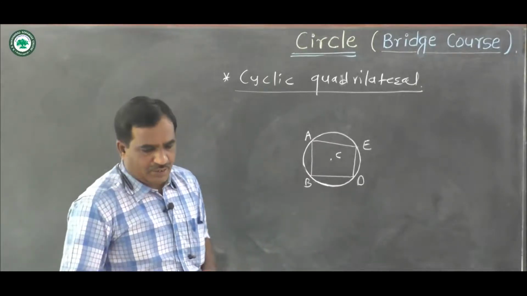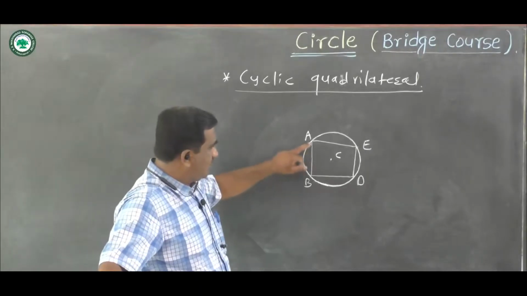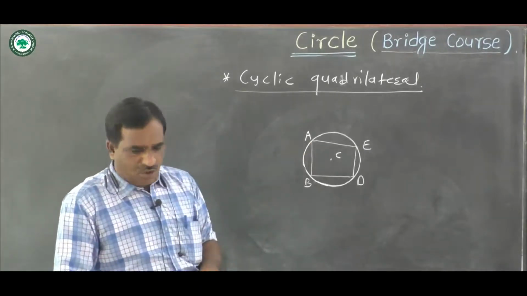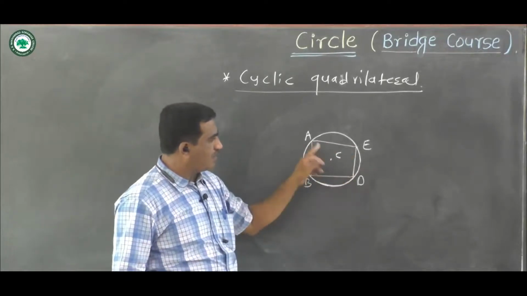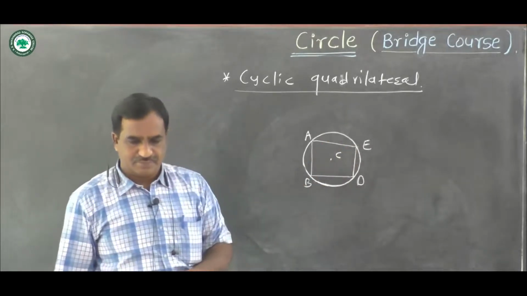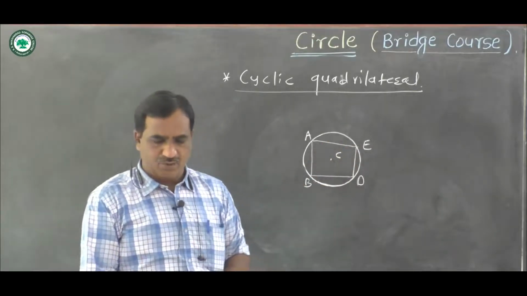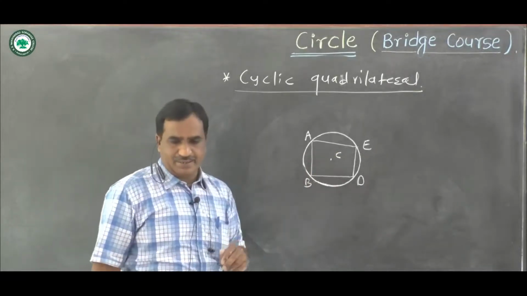Okay. Now there is one property. Opposite angles of a cyclic quadrilateral are supplementary angles.